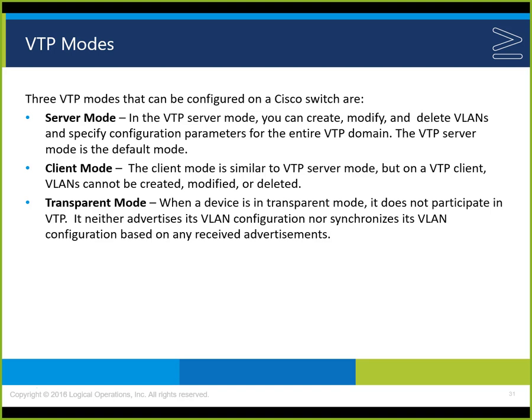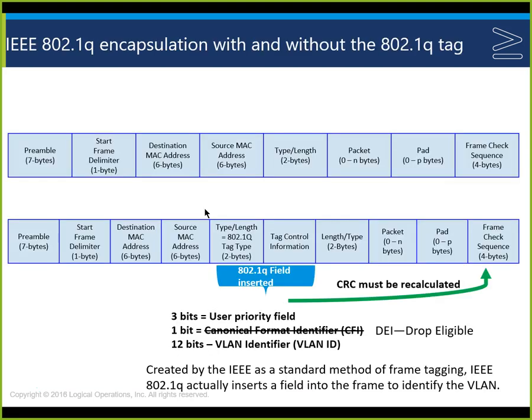When you plug that new switch into your system, all the other switches say, oh, configuration revision number of 600, I should update. So all of those VLANs are going to be put on the other switches. Even if you just delete the VLANs, the revision number is still going to be there. The way to fix that is to put it into transparent mode before you put it into your network. It'll bring the configuration revision number down to 0, so it won't update the rest of your system.